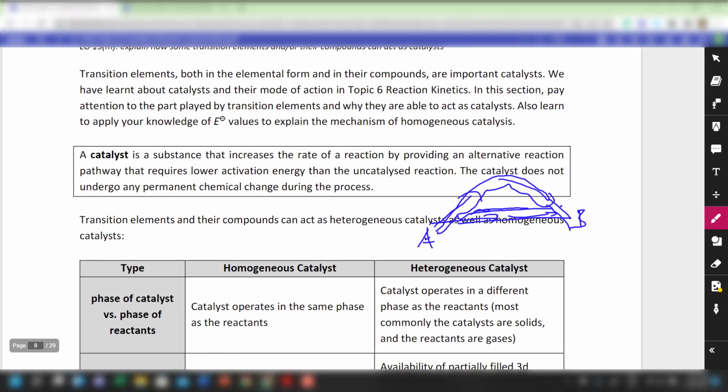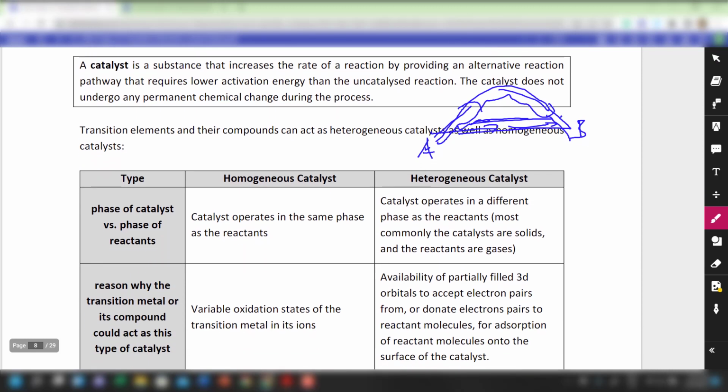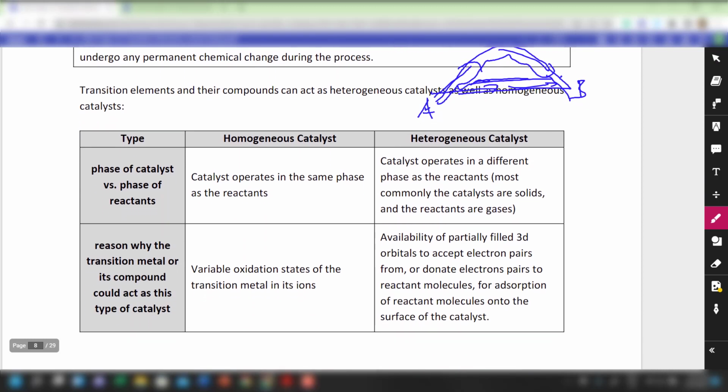Transition elements and their compounds can act as both homogeneous and heterogeneous catalysts. Homogeneous means the catalysts are in the same phase as the reactants. Heterogeneous means they are in a different phase from the reactants. In most cases, heterogeneous transition metal catalysts are solids, usually the metal itself or one of its compounds, usually an oxide.